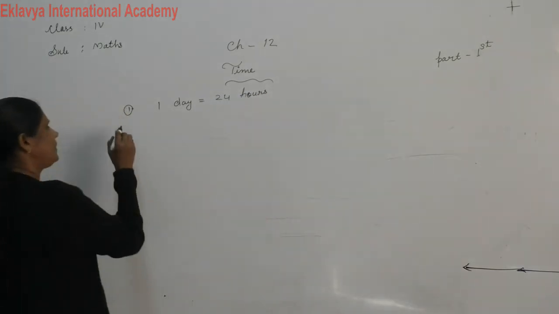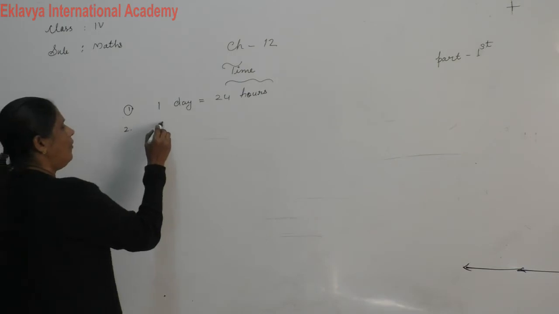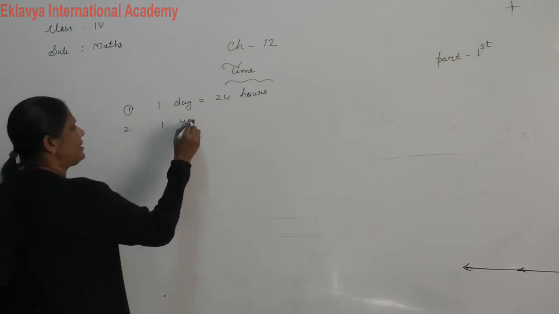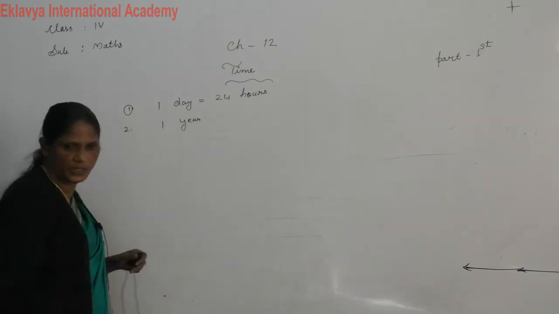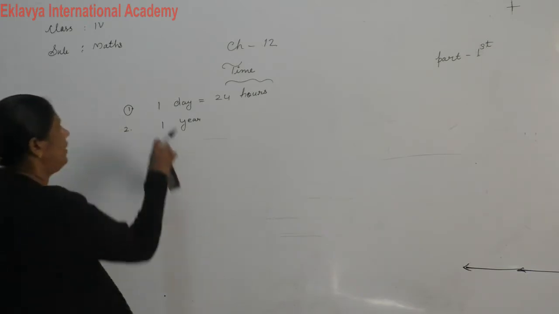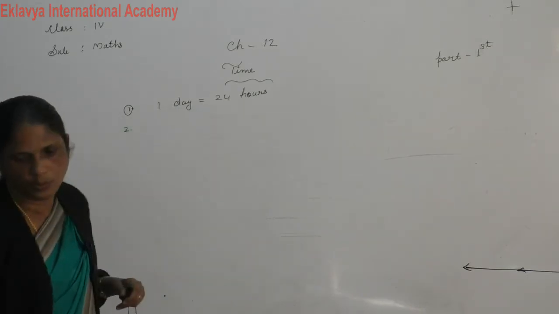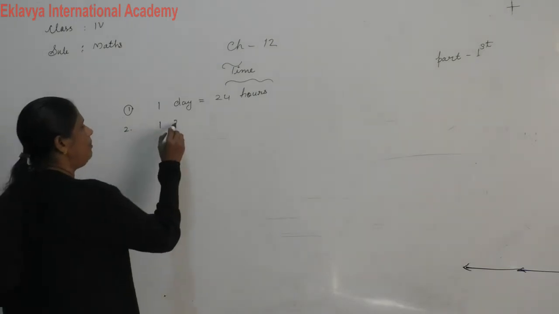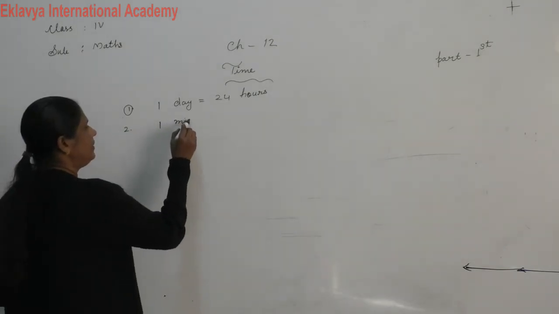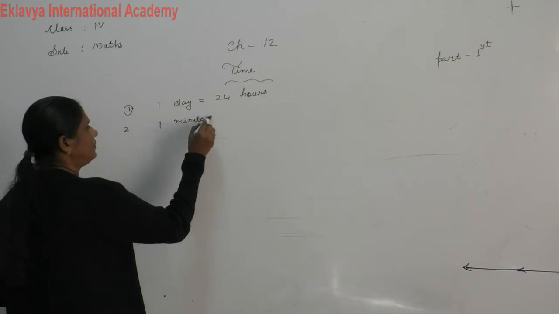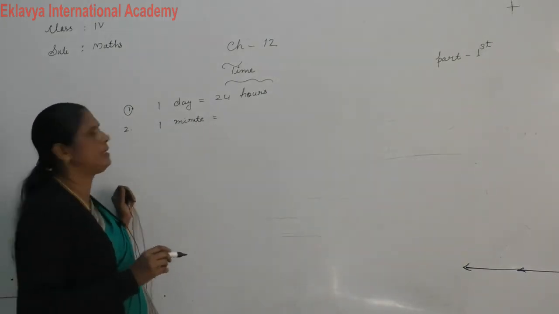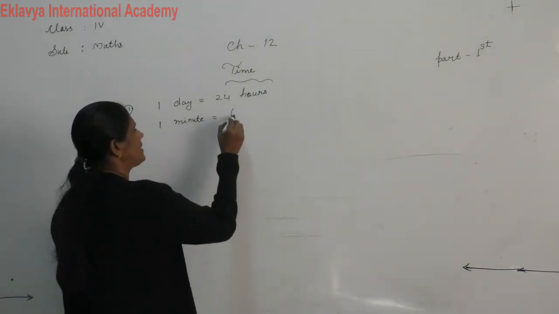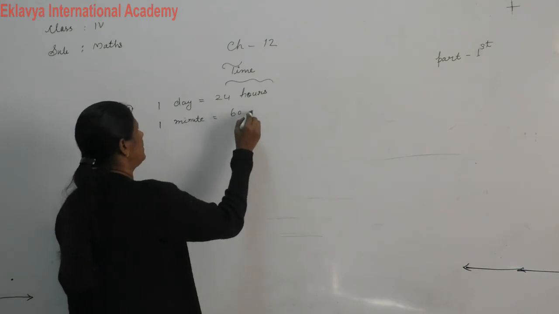Then second, 1 year is equal to... first we start with here, 1 day is equal to 24 hours. Then 1 minute is equal to 60 seconds.